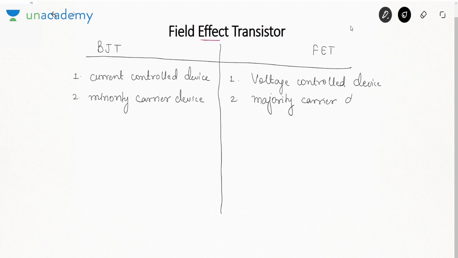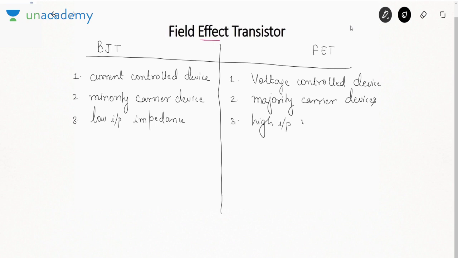Okay, that means the electrons will never enter the P region or holes will never enter the N region. Then it has low input impedance. It has high input impedance.